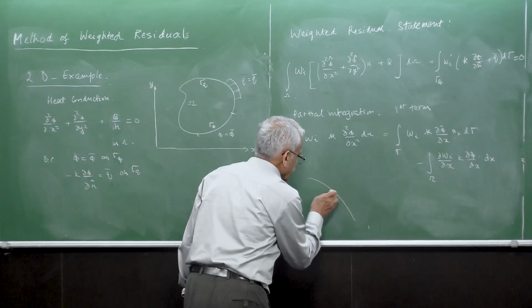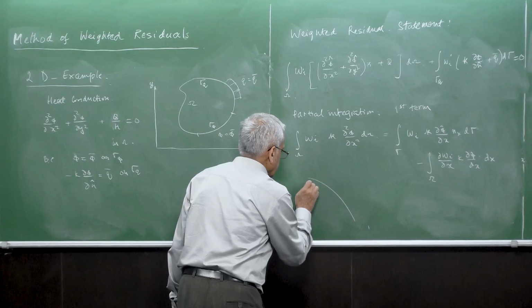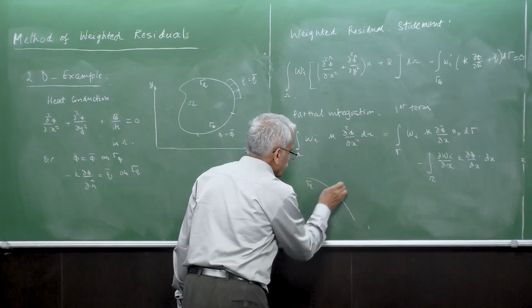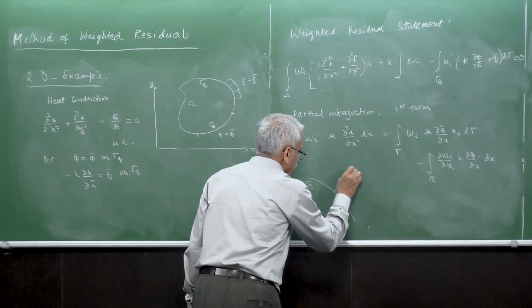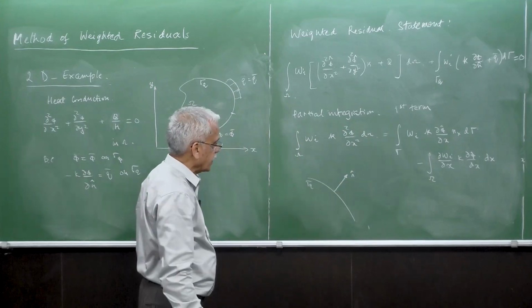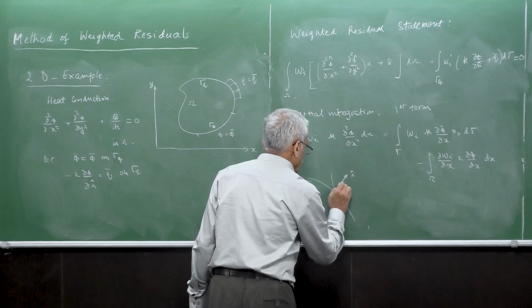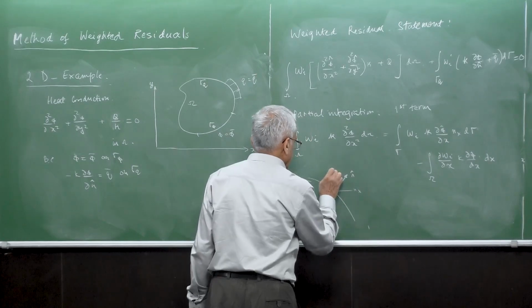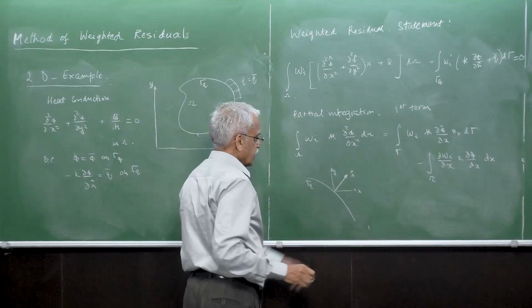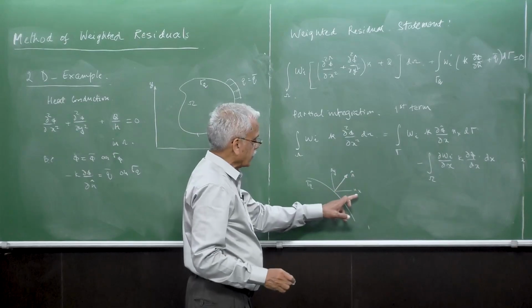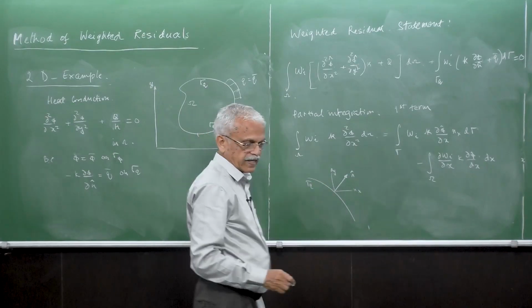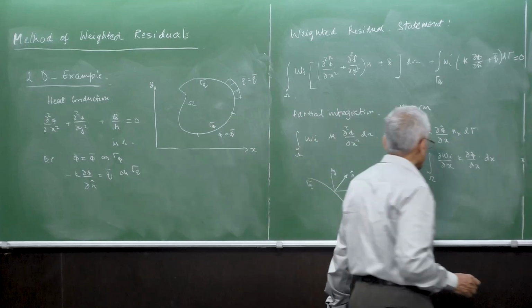If you have a boundary here, there is an outer normal, and it has 2 components, nx and ny. This outer normal has nx and ny as the directional cosines, the x and y components.